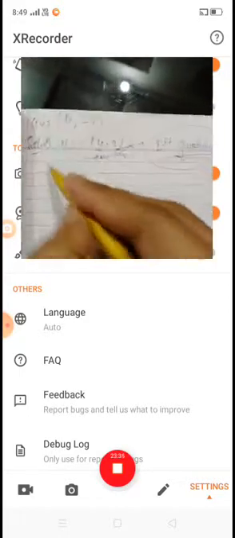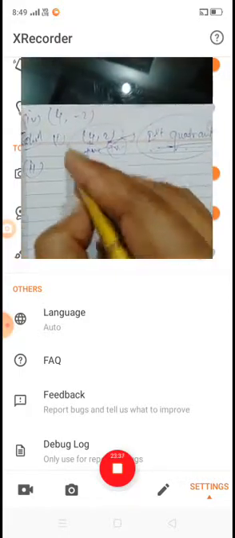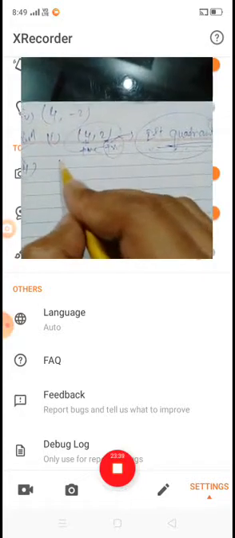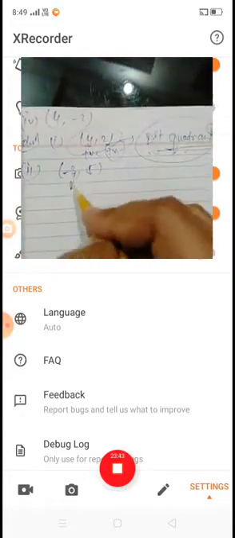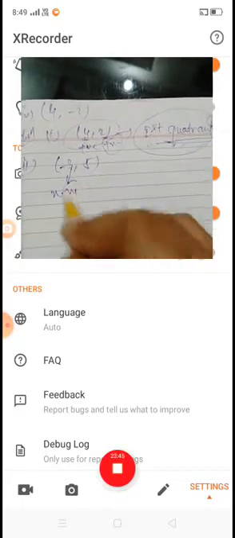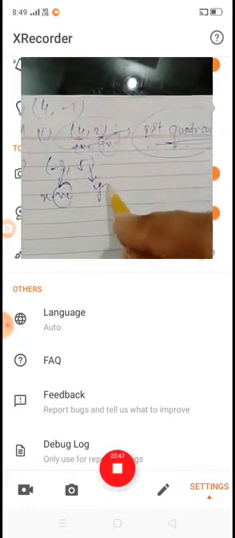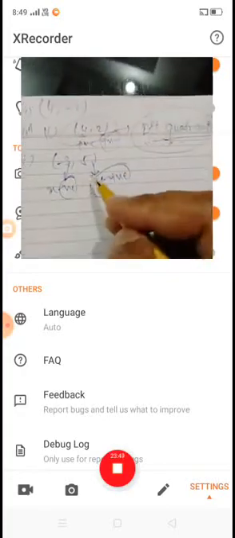Okay, now take second point. Second point is (-3, 4). Here abscissa x is negative but ordinate y is positive.